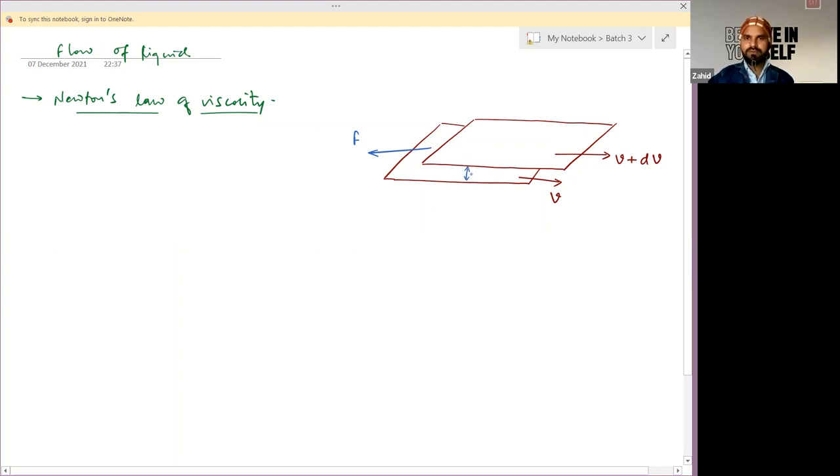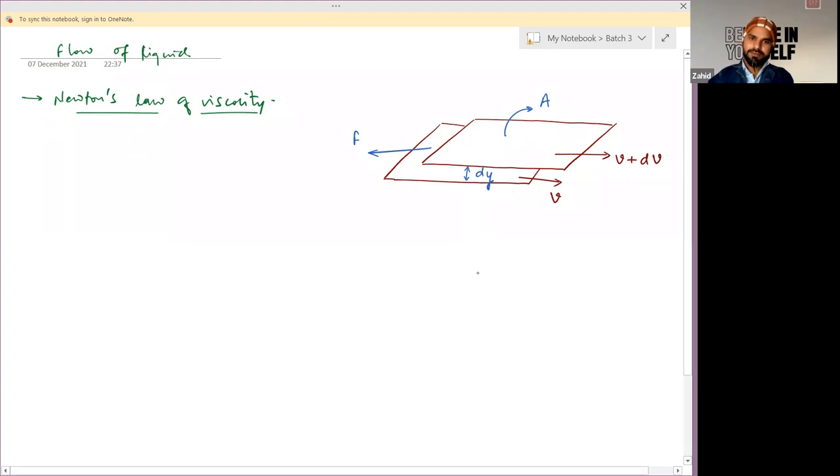Suppose the width of liquid from this point to this point is dy, and the area of liquid film is A. So according to Newton's law of viscosity, liquid always flows in a layer by layer structure in which each consecutive layer opposes its neighbor by a force called viscous force. This viscous force will be directly proportional to the area of liquid film and also to the velocity gradient.